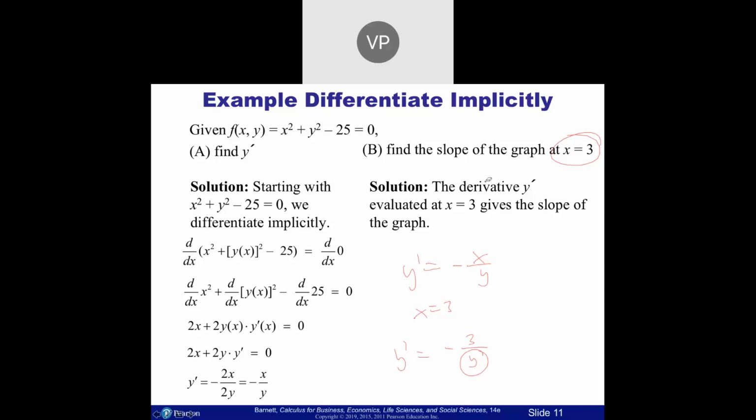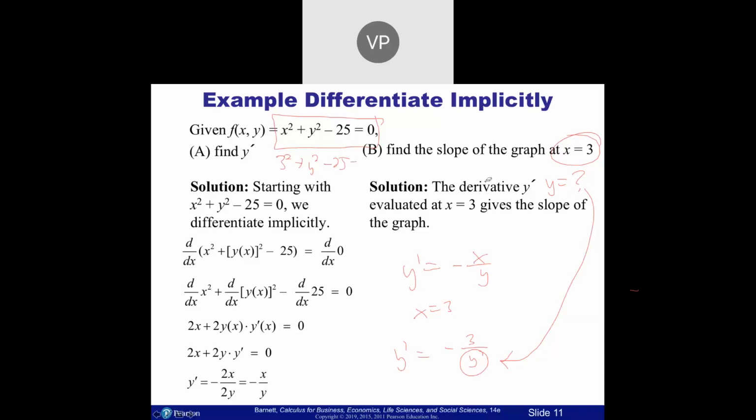I have to figure out what the y value is that corresponds with that x in order to plug it in here to get my actual slope. So our first step is to go back to the original equation right here. We plug in a 3 for x, and we need to figure out what the y is.